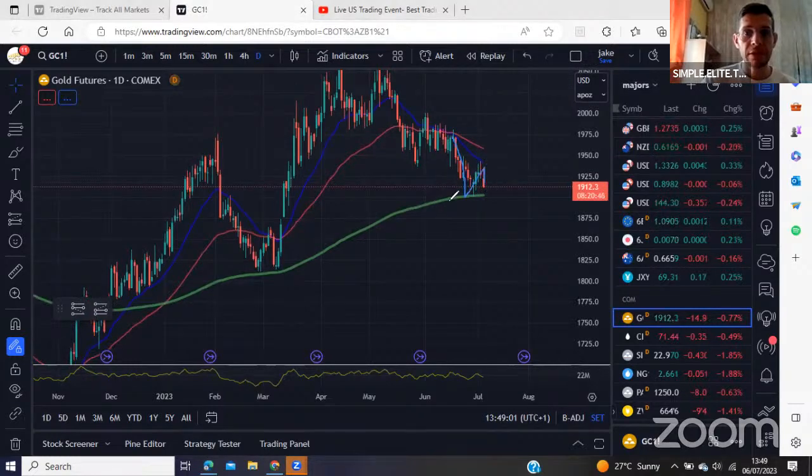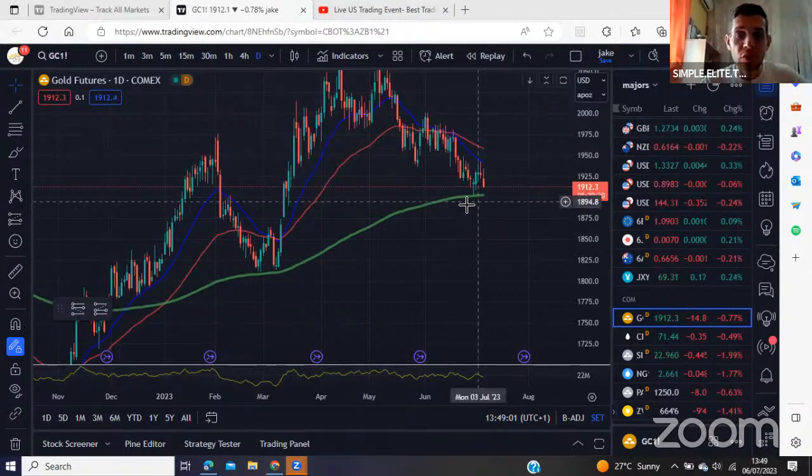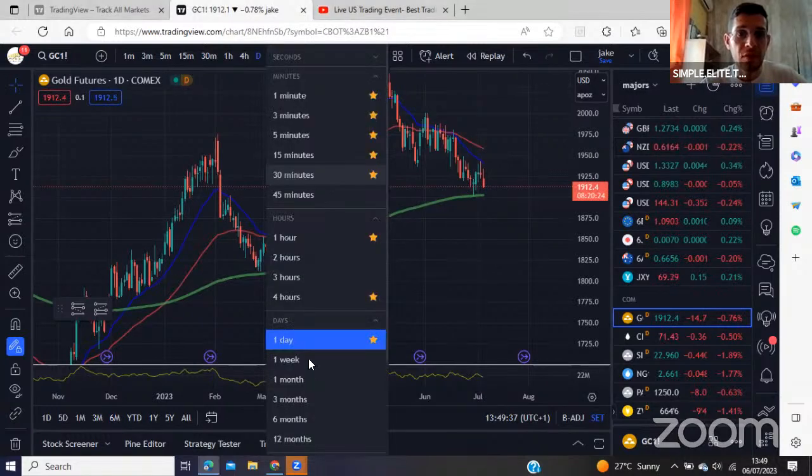But as we said, we might see some support area here or down at 180.40. So it's just waiting time for us to see the best price action develop to go on the long side, because the weekly time frame is still in an uptrend.